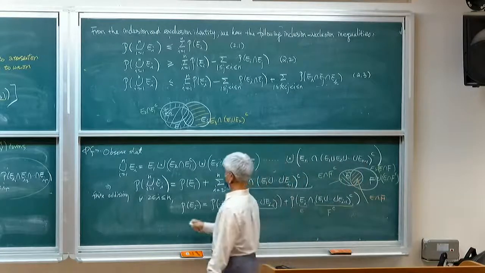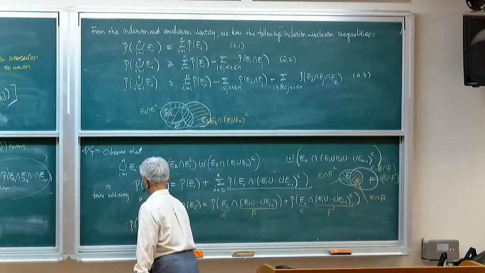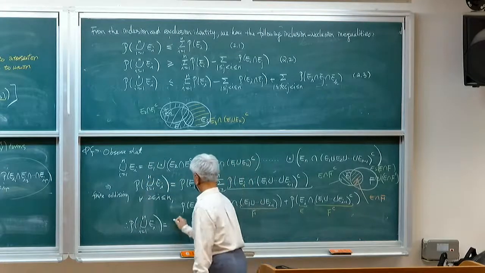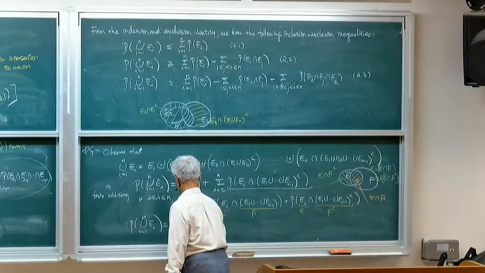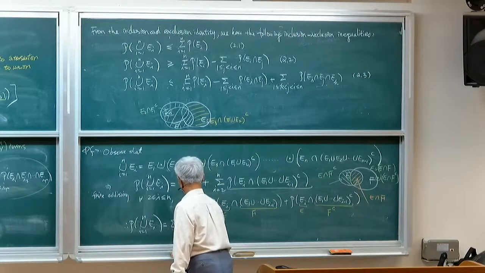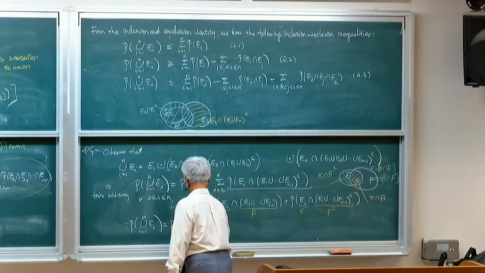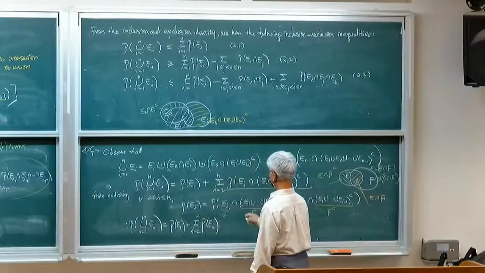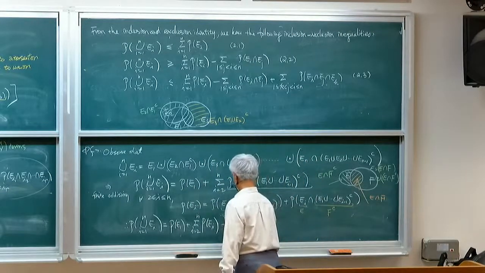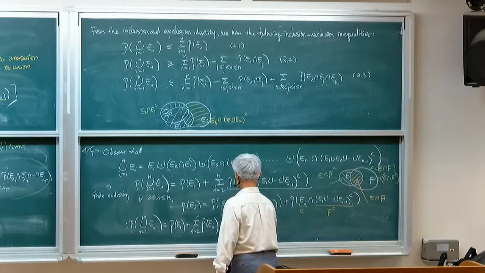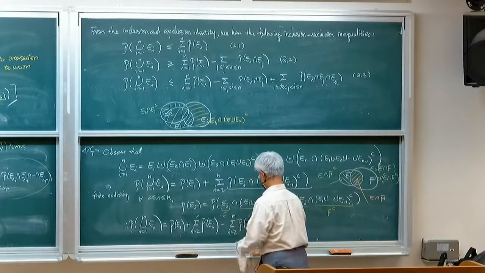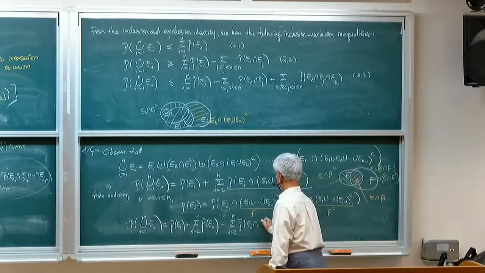And so the probability of the union i from 1 to n, Ei, is equal to probability of E1 plus summation i from 2 to n, probability of Ei, minus summation i from 2 to n, probability of Ei intersect the union.